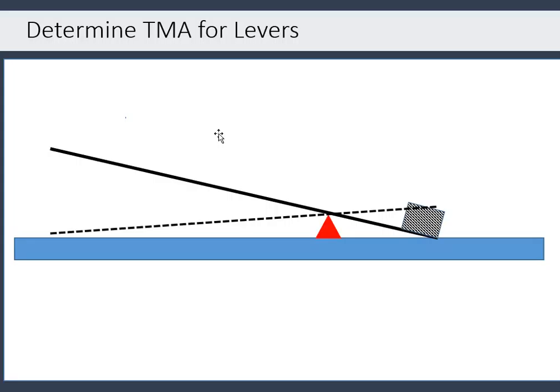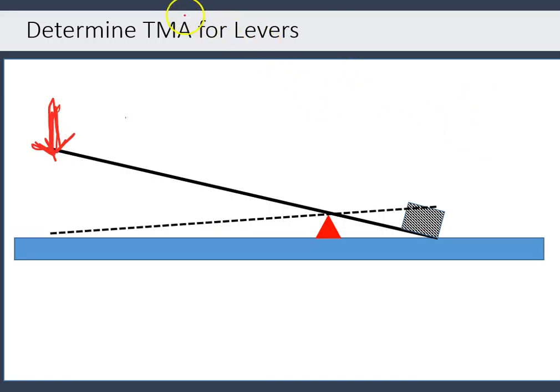Okay, let's talk about how we come up with the easy way of getting the theoretical mechanical advantage for levers. So what we have here is just a lever. We have the lever itself. We have our fulcrum. This is the load you're going to try to lift, and you're basically going to exert an input force somewhere on this side. I need to improve on my arrows.